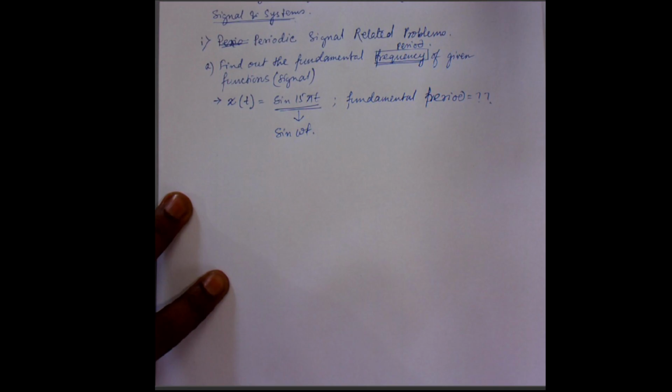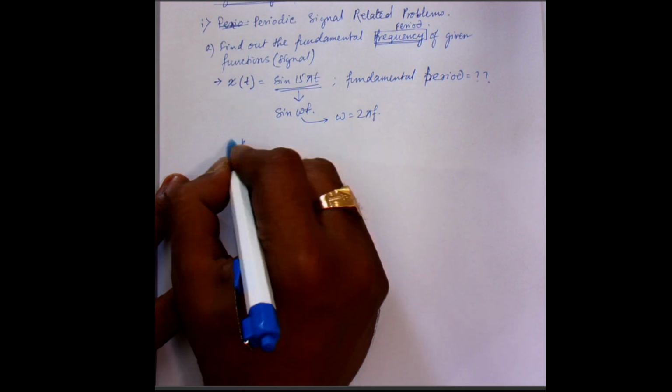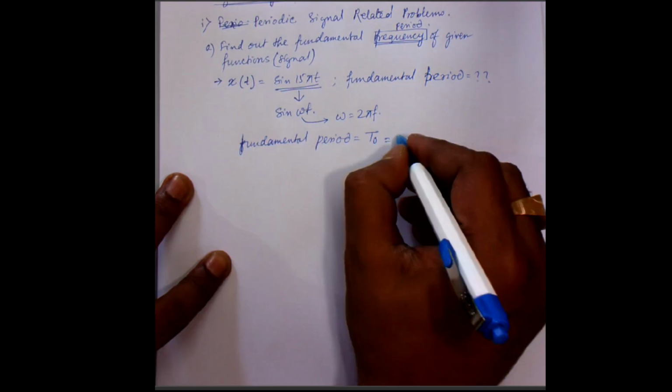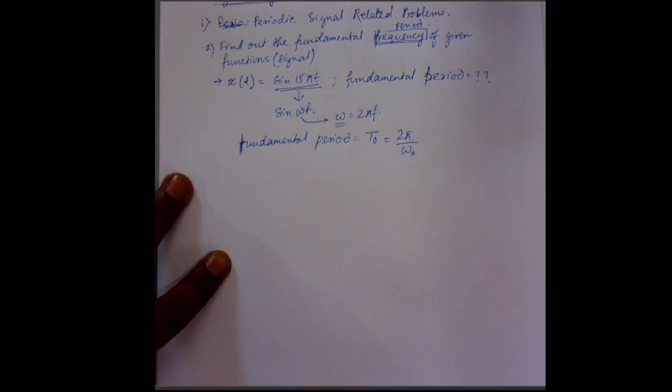So the fundamental period T0 equals 2 pi by omega 0.